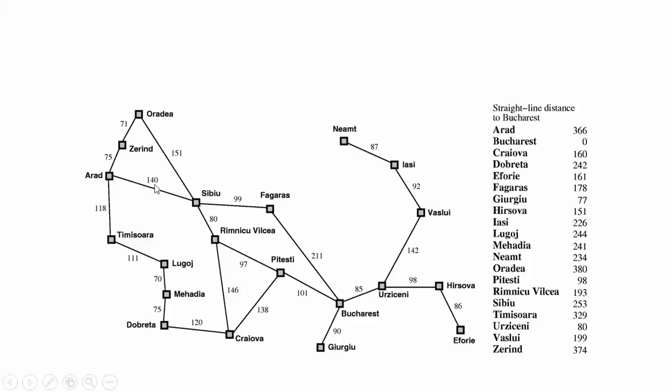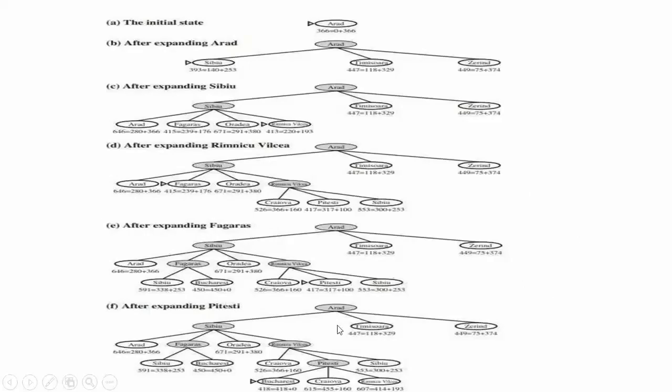By joining these two, we get the function cost value: 140 plus 253, which is 393. That is the combination of the g of n value plus the h of n value.